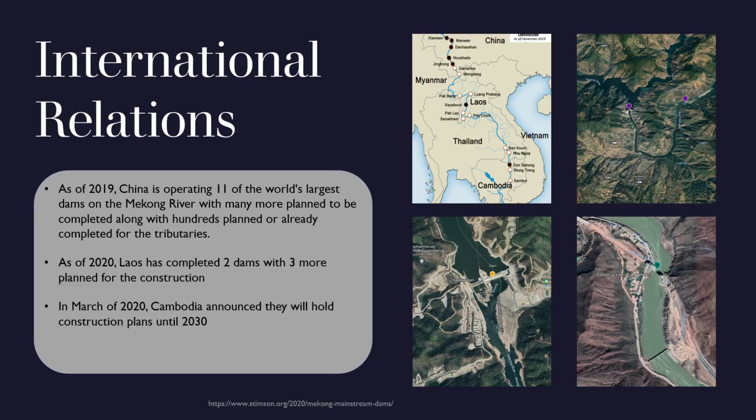They also have many more planned, and the majority of the larger tributaries have several hundred. They're actually saying up to 400 have already been built on the tributaries that go into the Mekong River, again diverting the water and restricting the water for the countries that are lower. So there's the issue with that at the very beginning of the river.